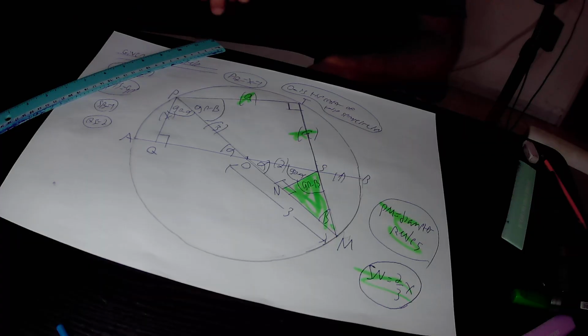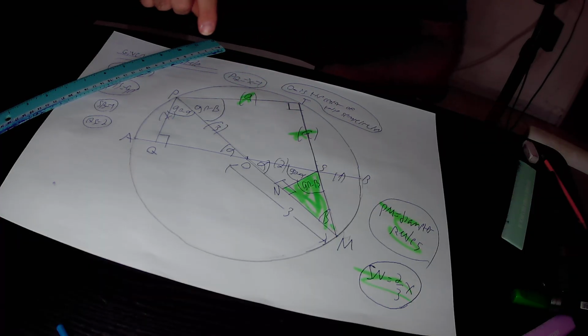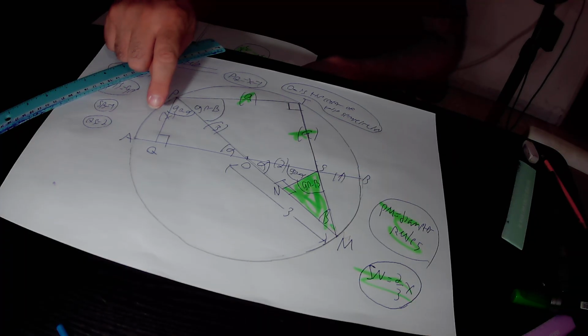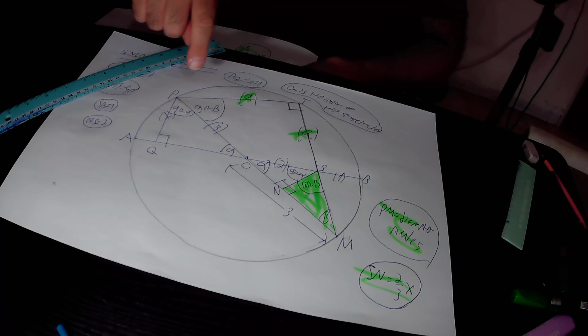We derive that side NS of the small right triangle ONS over side PQ of the upper right triangle PQO equals side OS of the right triangle ONS over side PO of the upper right triangle PQO.